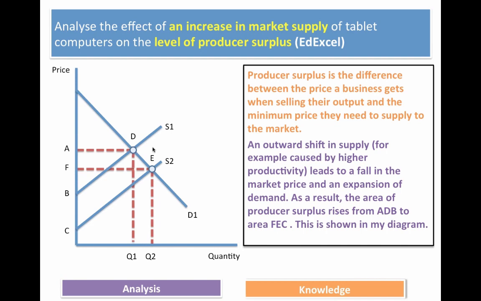Now, on the left-hand side, you'll see the diagram showing an outward shift of supply and a movement down the demand curve. My strong advice to you is to avoid untidy shading. I think it's just much neater, much cleaner to label the relevant bits of a diagram. If you get used to this through practice, your diagrams will come across in the exam as so much neater, so much easier to mark, and you'll get the credit.